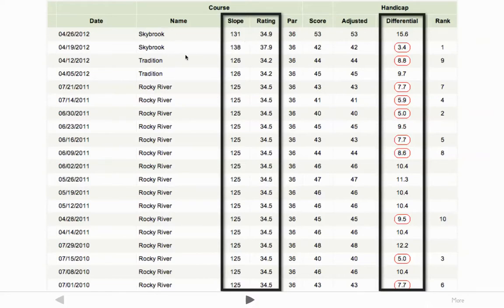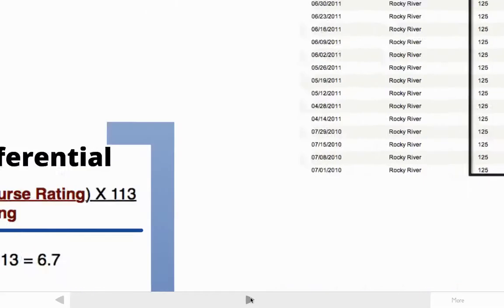And on this particular course, it played probably the front nine one week and the back nine the next week. Those are used to come up with what's called a handicap differential, and you can get more details on how that is actually calculated in one of the other videos that talks about handicap indexes that I put out.